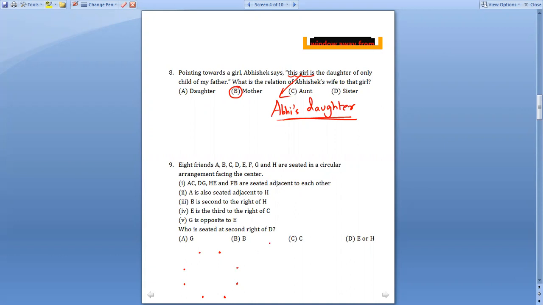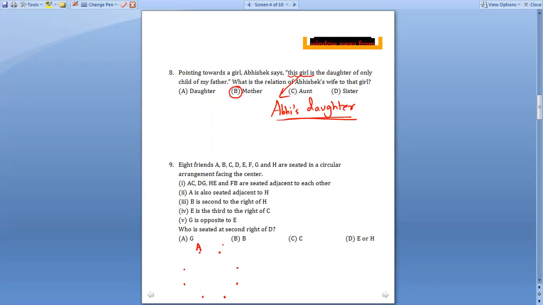It has to be like this. Next, the first statement: A, C, D, G, H, E, and F, B are seated adjacent to each other. A is also seated adjacent to H. I'm just going to fix up the position of A here.